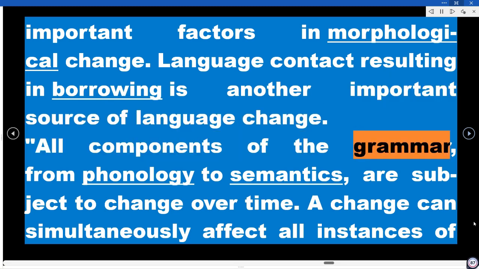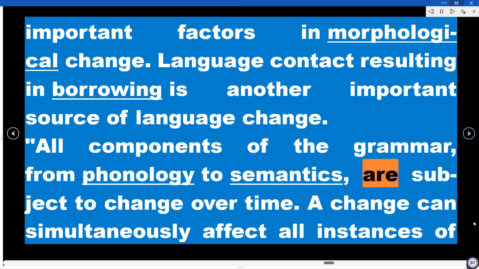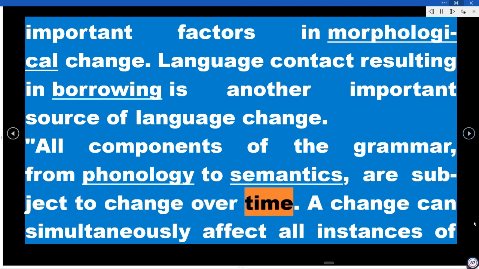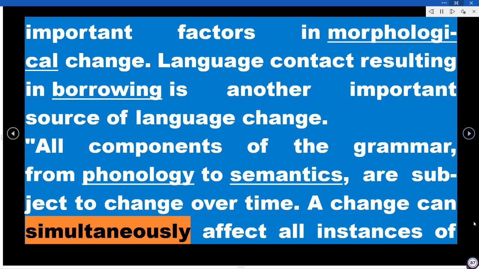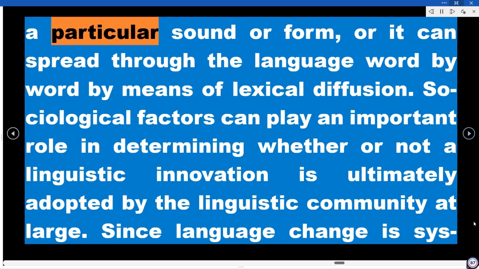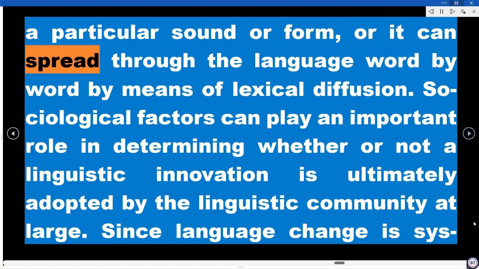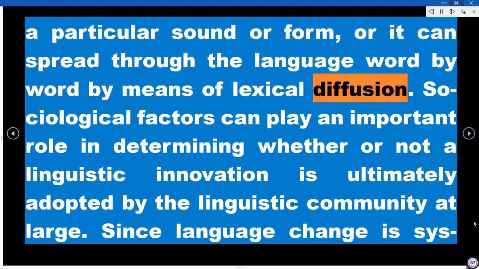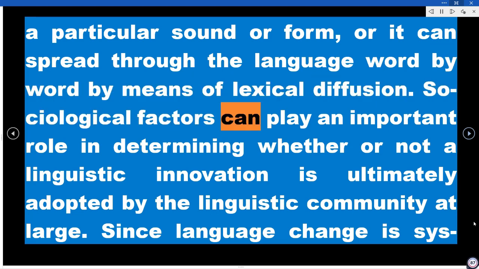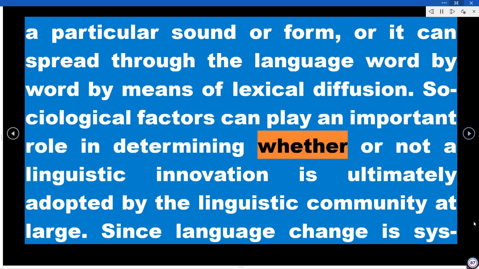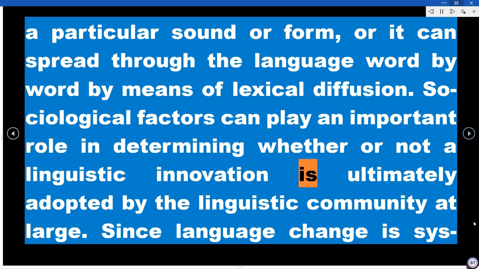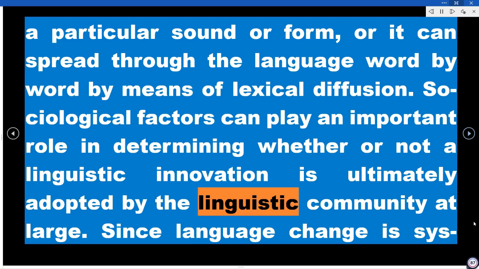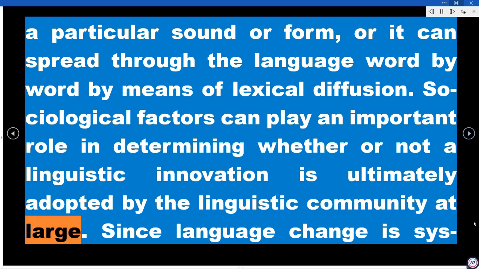All components of the grammar, from phonology to semantics, are subject to change over time. A change can simultaneously affect all instances of a particular sound or form, or it can spread through the language word by word by means of lexical diffusion. Sociological factors can play an important role in determining whether or not a linguistic innovation is ultimately adopted by the linguistic community at large.